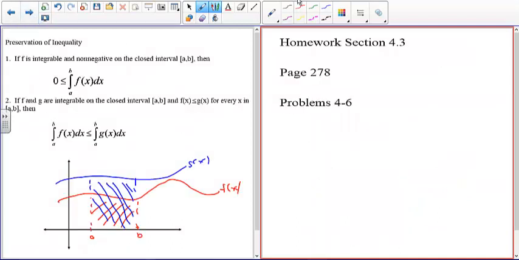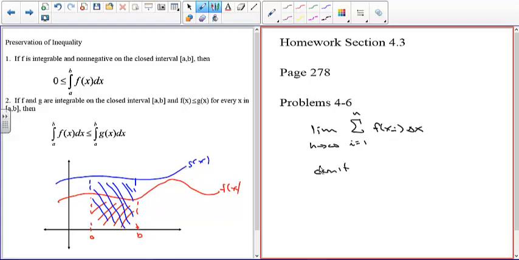Okay, so there's your homework for section 3. Because we don't know how to use the fundamental theorem of calculus, this is just more practice at using the summation stuff. So you want to evaluate these all by taking the limit as n goes to infinity of the summation from i equals 1 to n of f of x sub i times delta x.